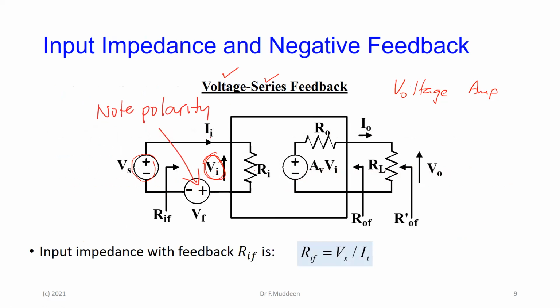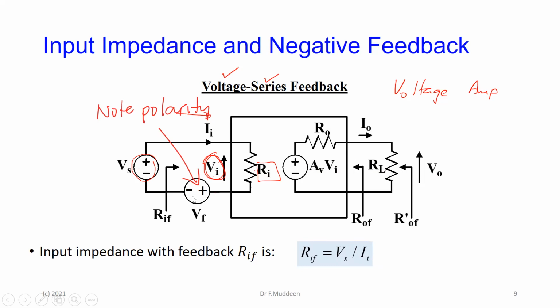If Vn is reduced and this is unchanged, it means that In is reduced. In reduced means that the input impedance going in inside of here has been increased, because the only way you could reduce current is by increasing the resistance. And this is the sort of calculation inside of here.